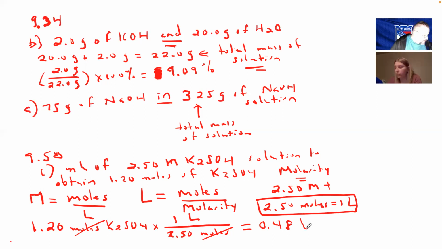And then they want the answer in milliliters, so we would multiply that by 1,000 milliliters over 1 liter. And that brings me to 480 milliliters. So I think if you apply that to 49C, you should come up with the right answer.